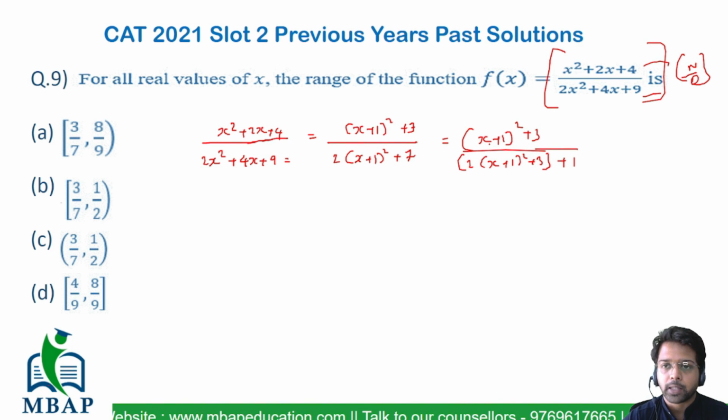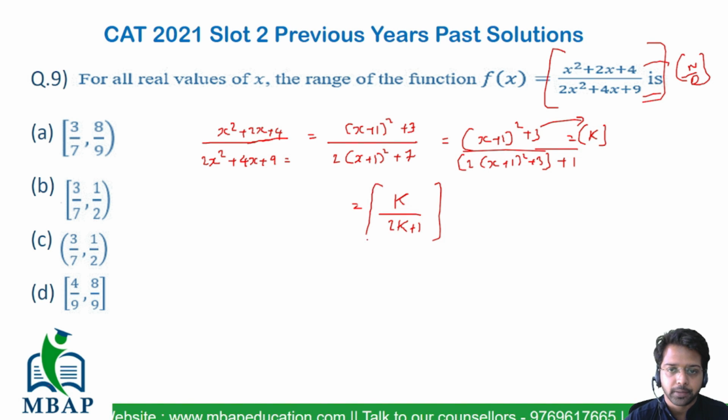Clear? Now at least this time x plus 1 the whole square plus 3 is a common part, and let me assume that to be a common constant k. I am saying x plus 1 the whole square plus 3, let's assume to be k. So the whole expression will become k divided by 2k plus 1. Clear? This is what we will get, right?